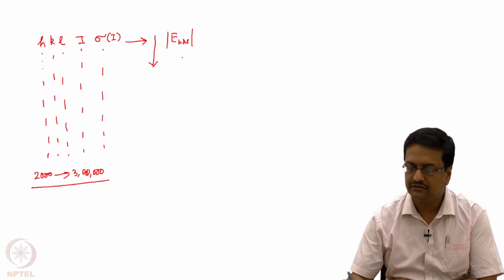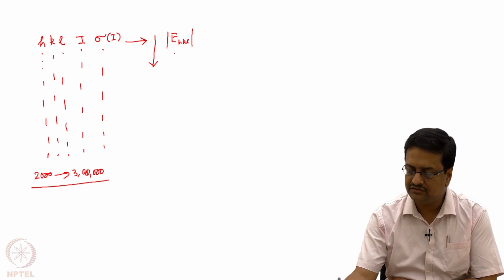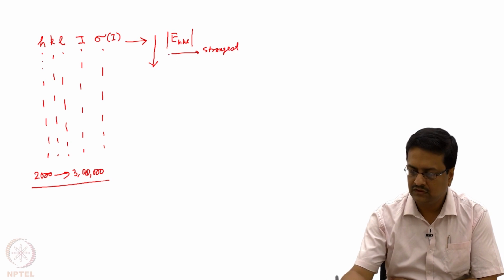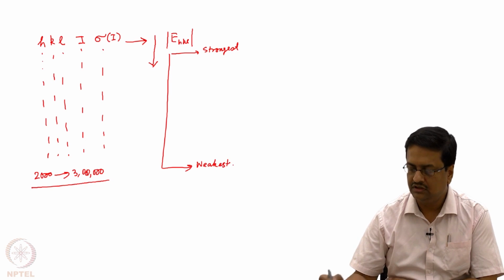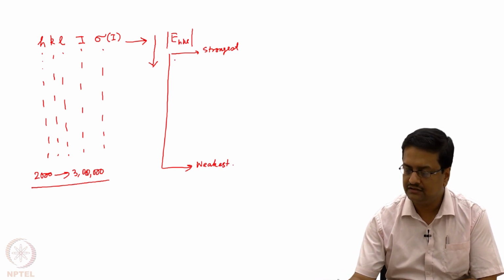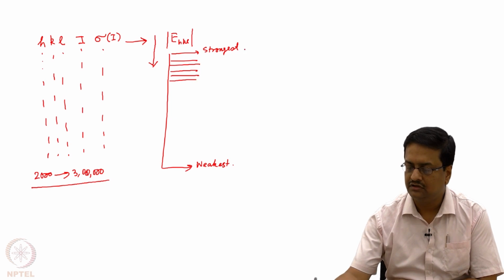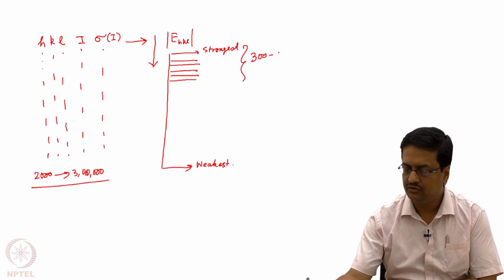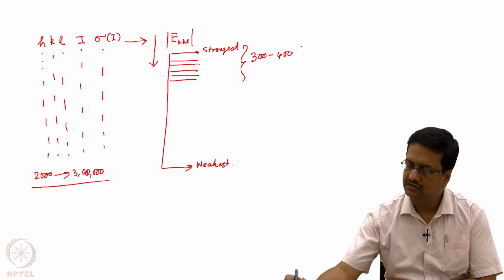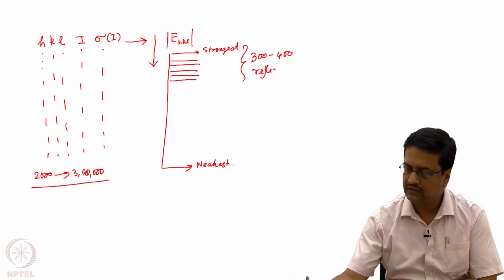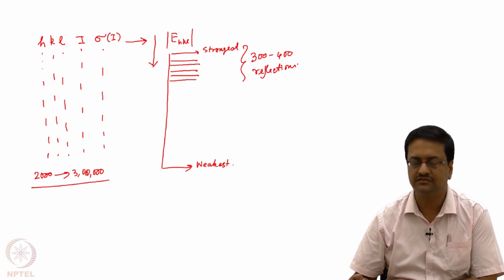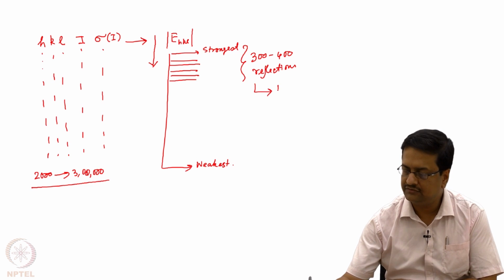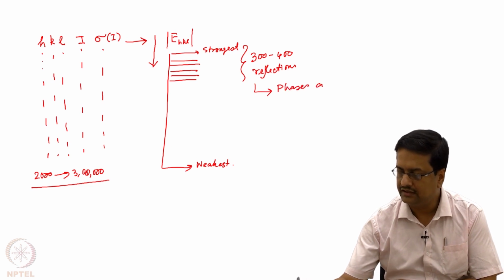Based on that, the strongest to weakest is arranged, and the top 300 to 400 reflections with very large E values are selected, and their corresponding phases are guessed.